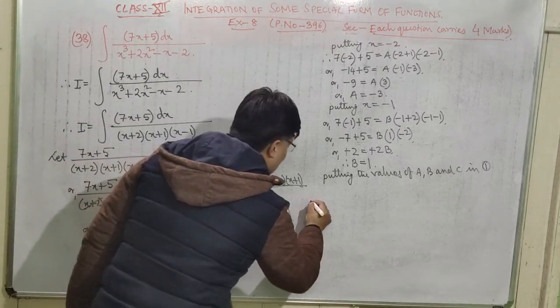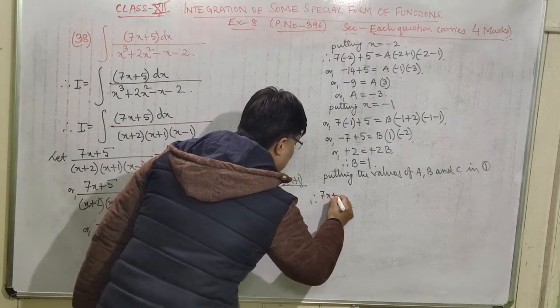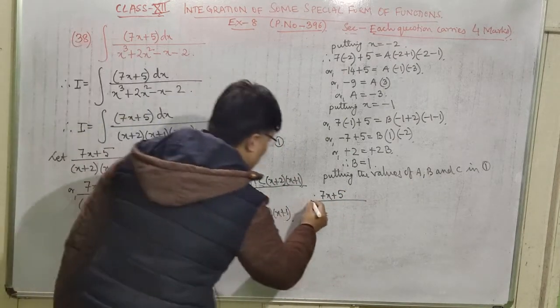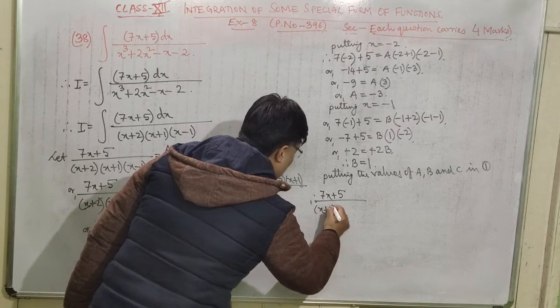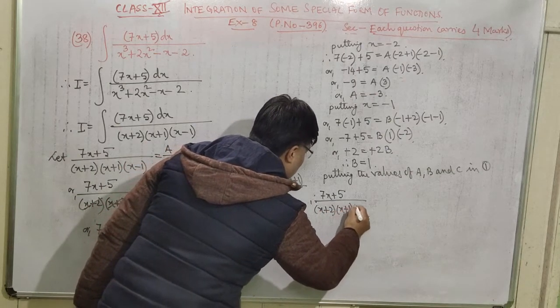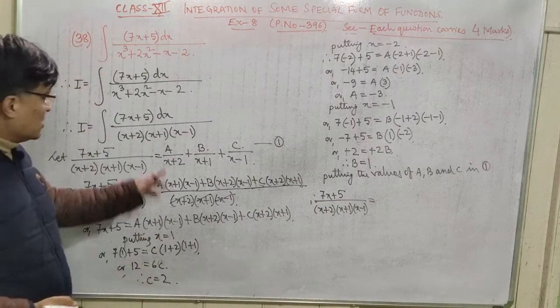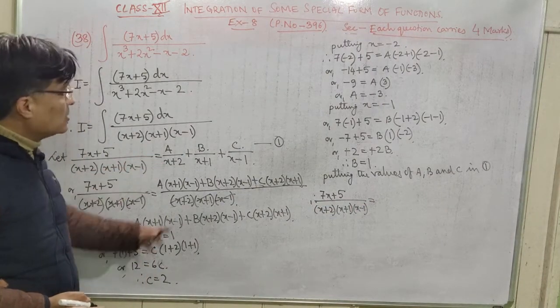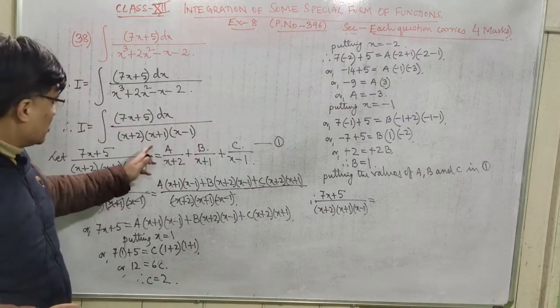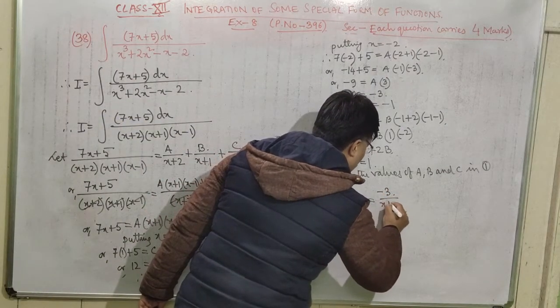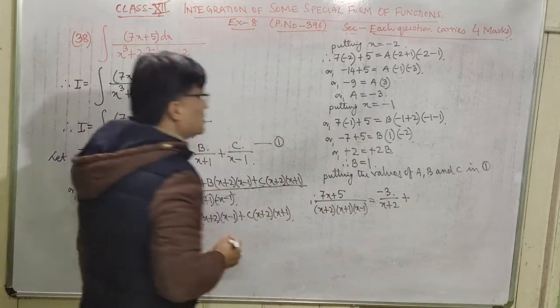So this left hand side will be 7x plus 5 divided by x plus 2, x plus 1, x minus 1, is equal to. Now what is the value for a? Just now we got the value for a as minus 3. So it is minus 3 divided by x plus 2, plus.